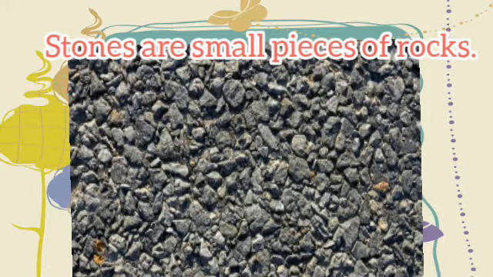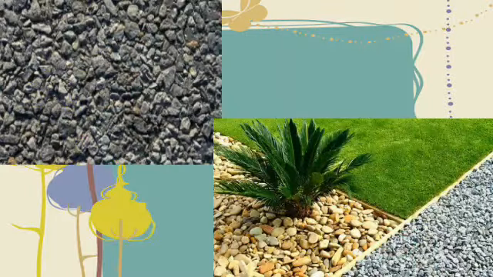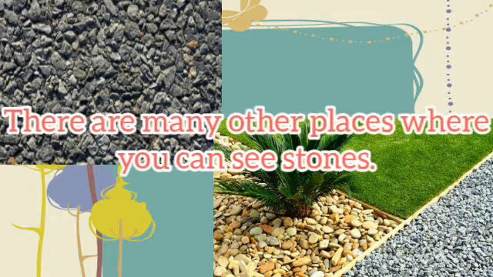And the stones also we see everywhere, be it on the road or in the garden. Yes, the roads and the gardens, both the places you can see the stones. And there are many other places where you can see stones.